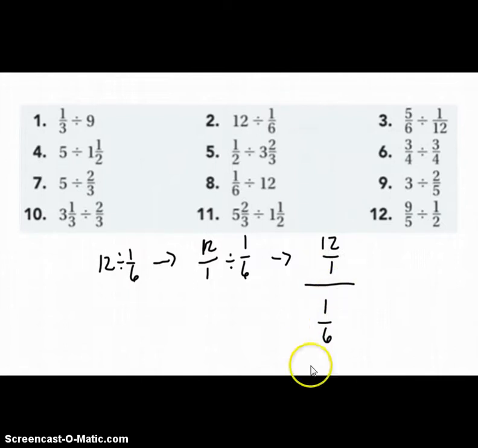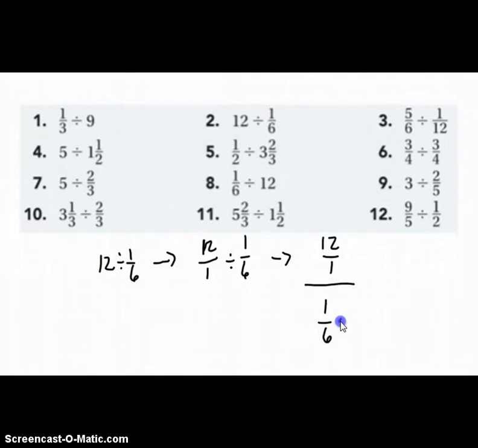I don't really like that in my problem, so I'm going to get rid of this 1/6 by turning it into a 1, because anytime I have a fraction with a denominator of 1, I can leave off the denominator. Like for 12, it's really 12 over 1, but we leave off the 1 because 12 firsts is just kind of funny. So it's just 12 whole numbers.